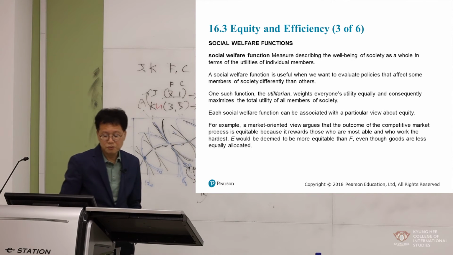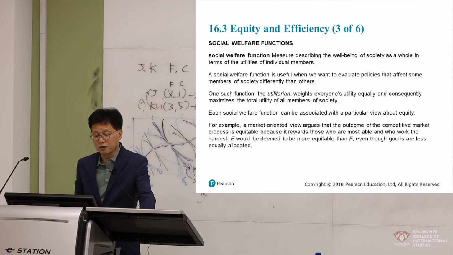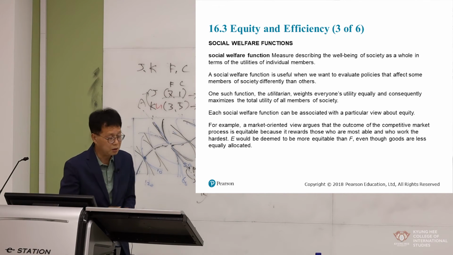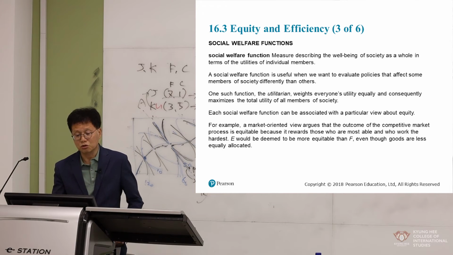So to evaluate this, we can define a social welfare function in slide number 26. A social welfare function is a measure describing the well-being of society as a whole, in terms of utilities of individual members.